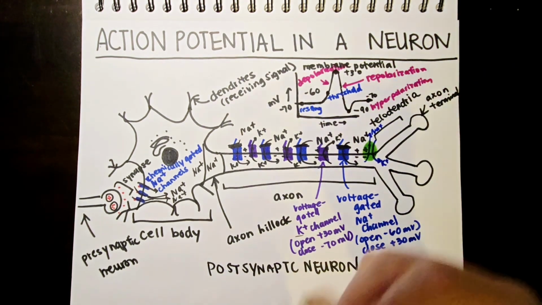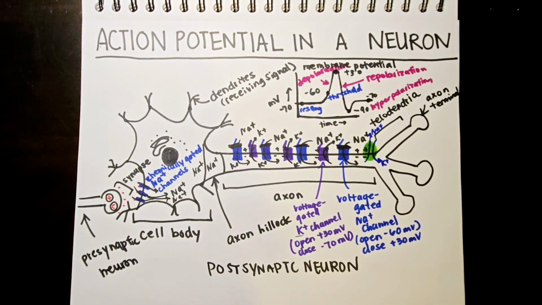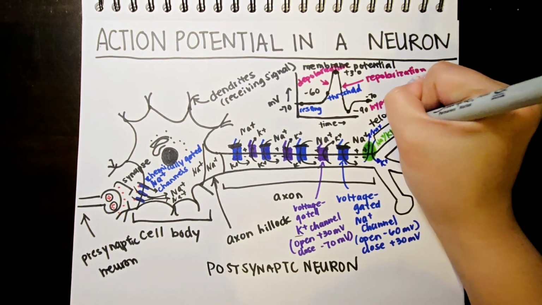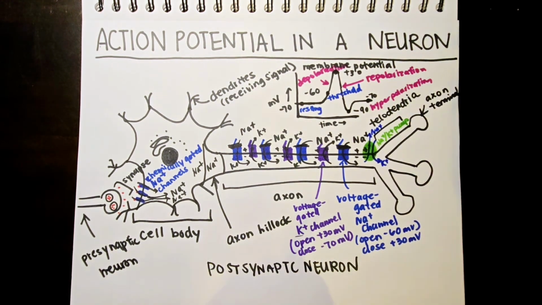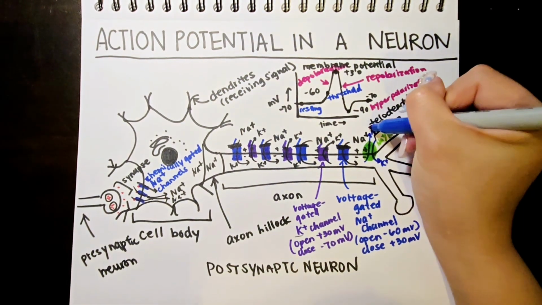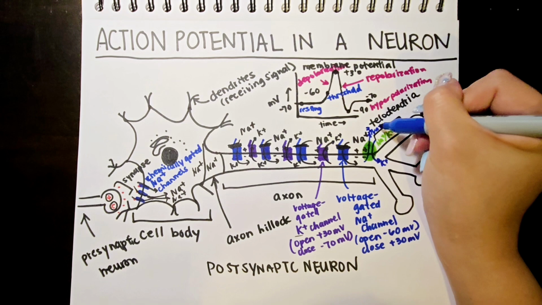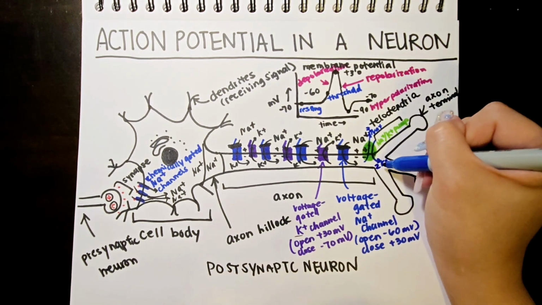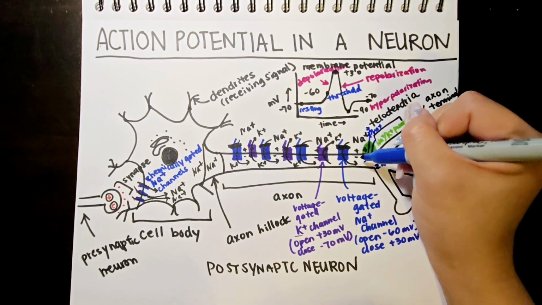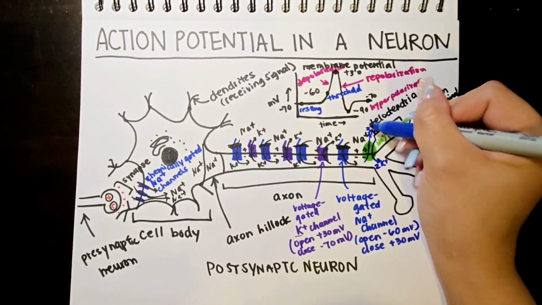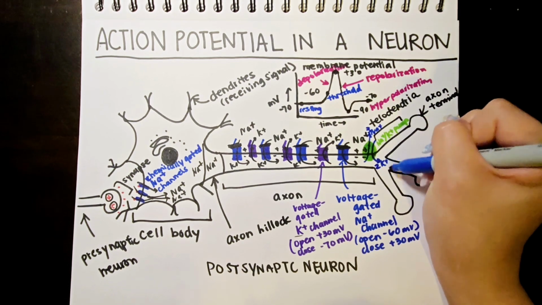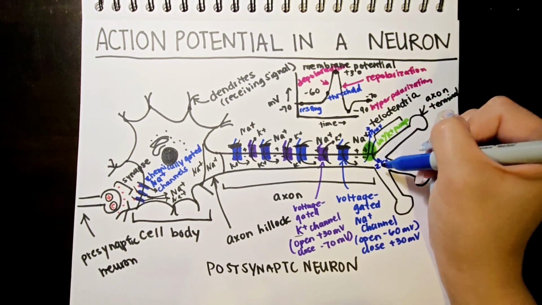Let me again label this particular guy right here as your sodium-potassium pump, and it will move 3 sodium ions outwards and 2 potassium ions inwards, which you can also say as: for every 3 sodium ions that it moves out of the neuron, it will always move 2 potassium ions into the neuron.